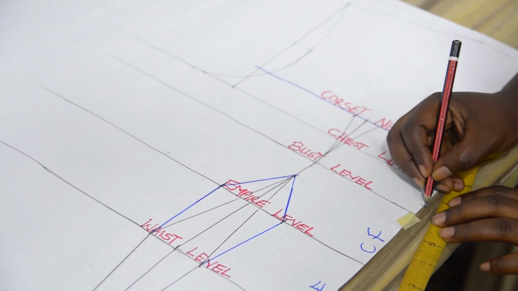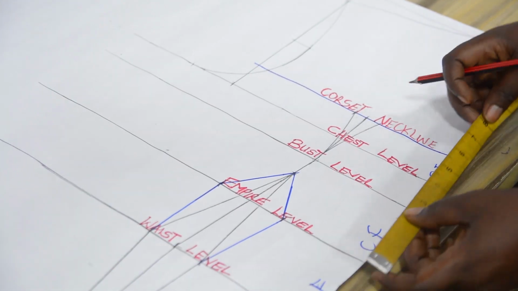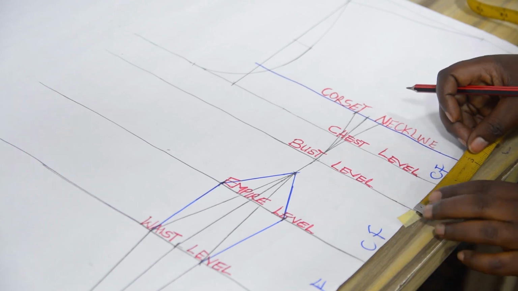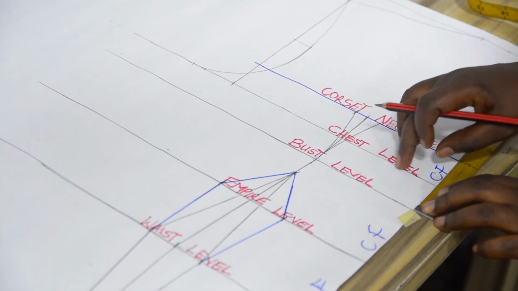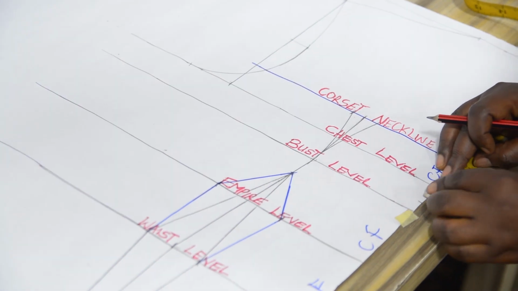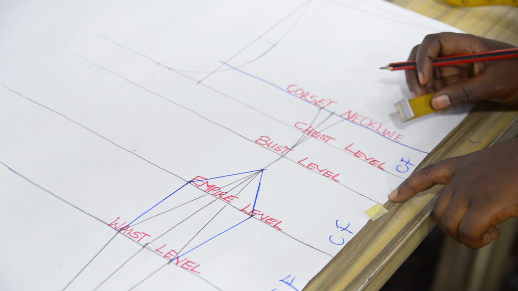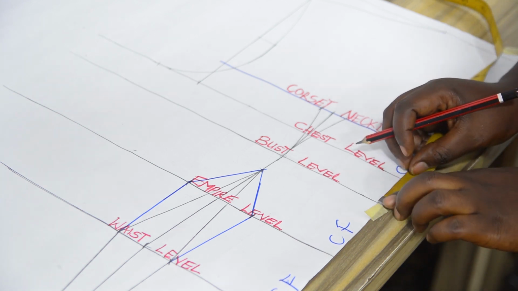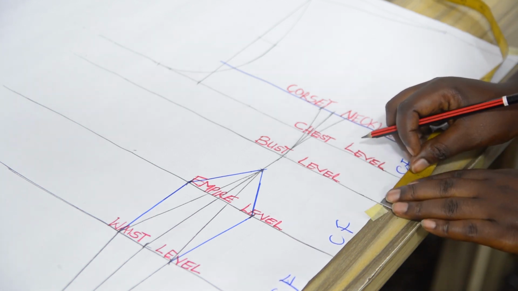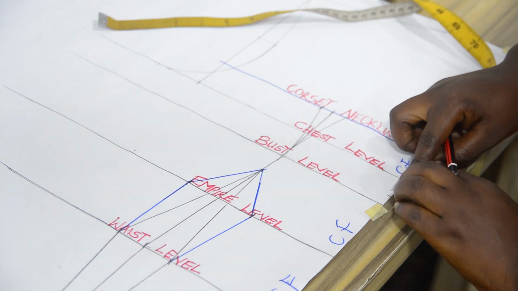So I have my 1 inch point here, and if you don't want this to be too deep, you can get the midpoint in between the chest level and your bust level. Just get the midpoint and mark it out. You can see this point is not as deep as the 1 inch point I marked out. It all depends on your preference.